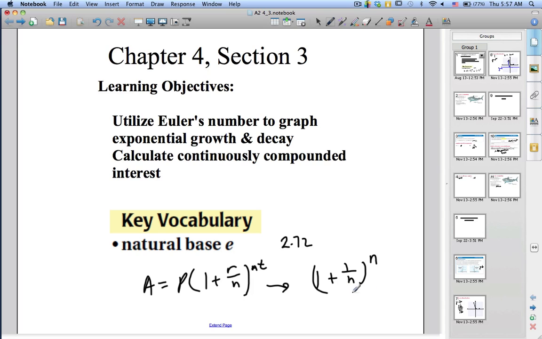And what he found is that as n approaches infinity, then this whole thing will approach 2.72, which is Euler's number. So what it allows us to do is compound at the infinite rate, which is what we call continuously compounded interest.